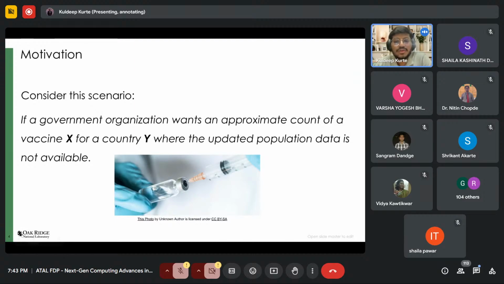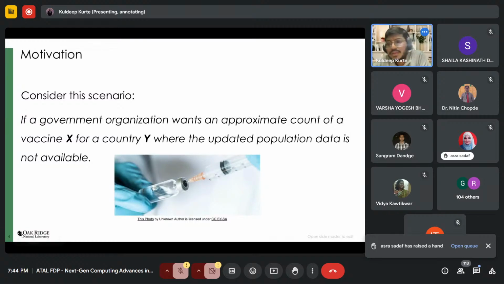Are there any doubts, or do you have any thoughts on what approaches we can think about in case population or census data is not available? Please feel free to jump in. I'll be talking about one specific approach that we took from the remote sensing domain.